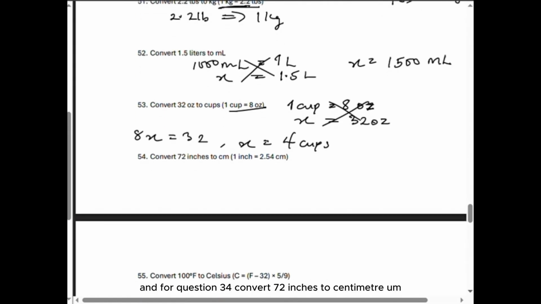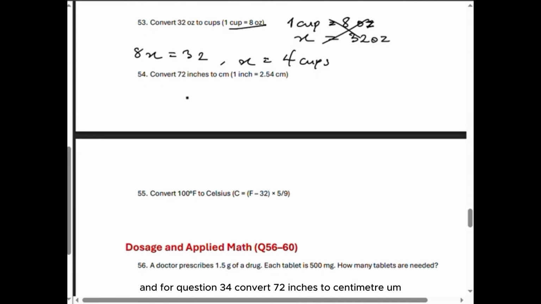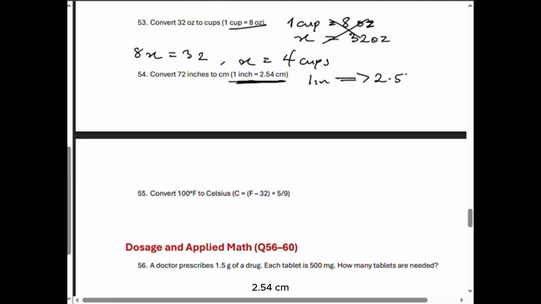And for question 54, convert 72 inches to centimeters. In case you don't know, these are the units you also need to know. 1 inch equals 2.54 centimeters.